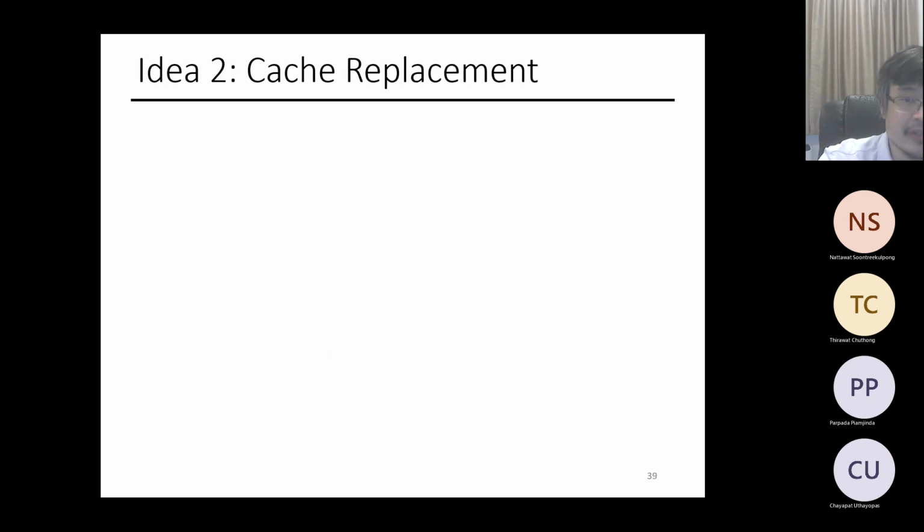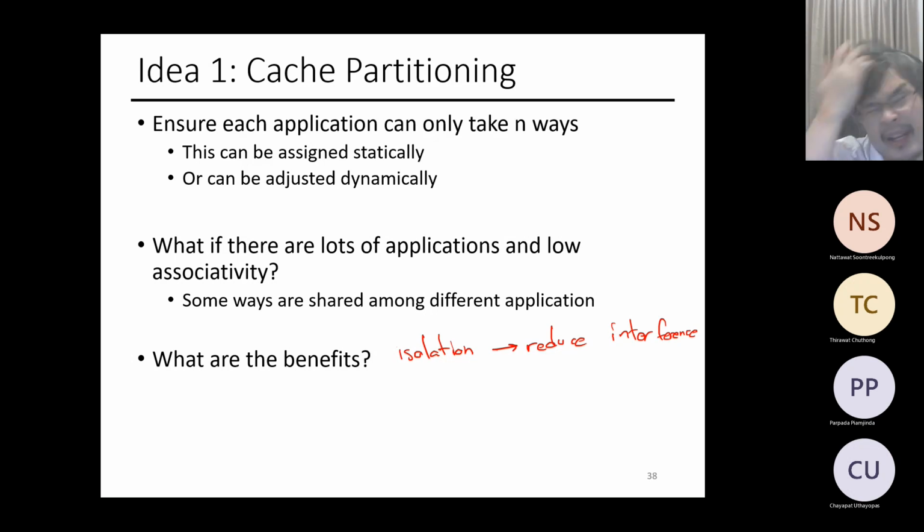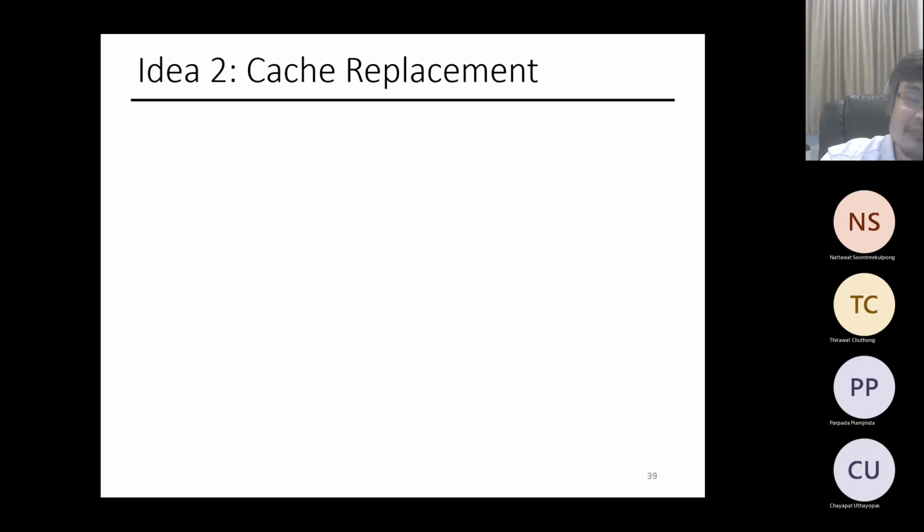So here are the benefits. The benefit is you have some form of isolation, which means that you reduce interference. For application data that are important, you can put that in the ways specific to you, to make sure that it will not be interfered with by other applications.